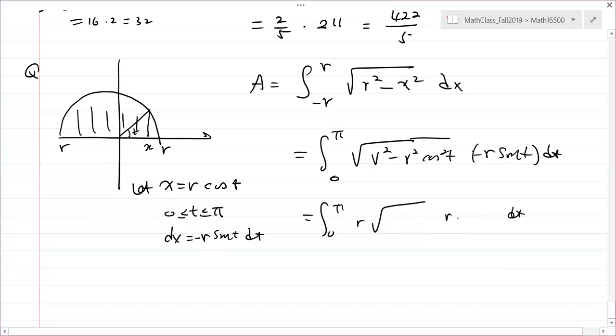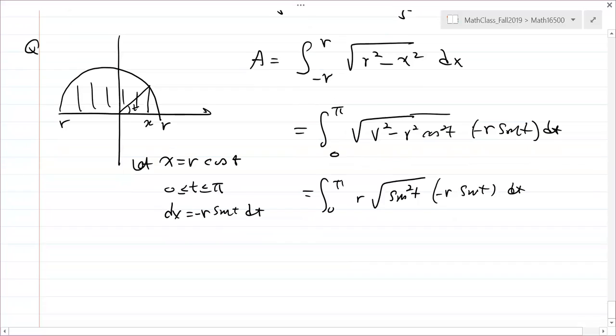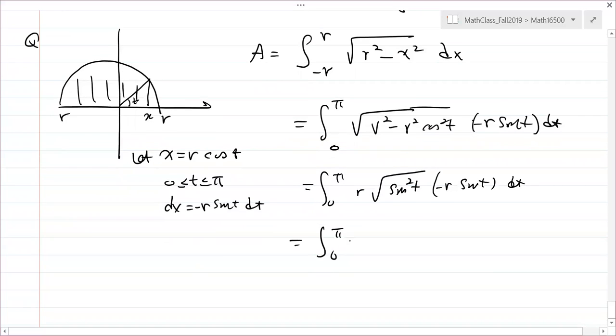So this will be cosine squared t times negative sine t, so this will be negative. And here 1 minus cosine squared is sine squared. Now it's easy to do. It's r squared, and the square root of sine squared t is sine t, since sine t is always positive for t between 0 and pi.